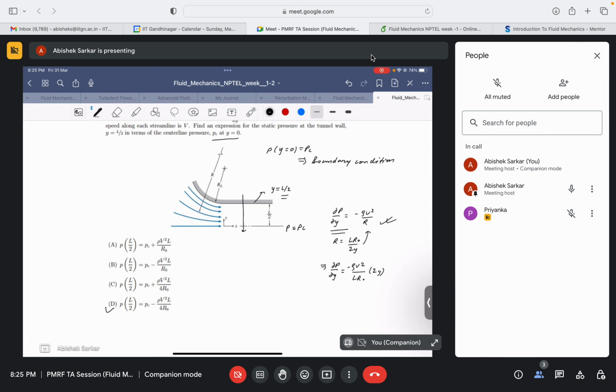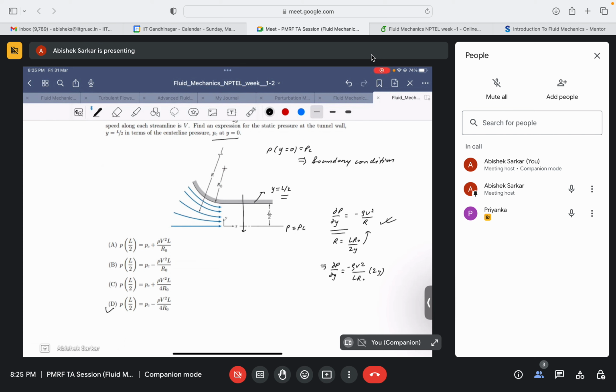Initially, I guess you started with dou p by dou n, but how do you obtain dou p by dou y? How did you reach this point, changing from the normal direction to the y coordinate? Could you please tell me? Sir, initially I took dou p by dou r.